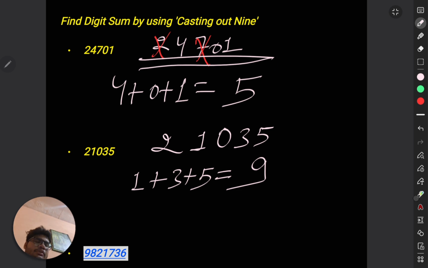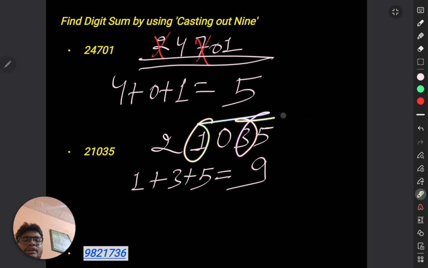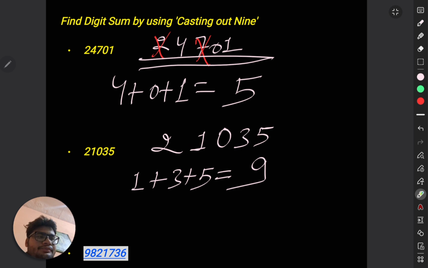These digits are available for making 9 by adding up, so that's why we have to ignore, we have to skip these digits. Then the remaining will be added up.